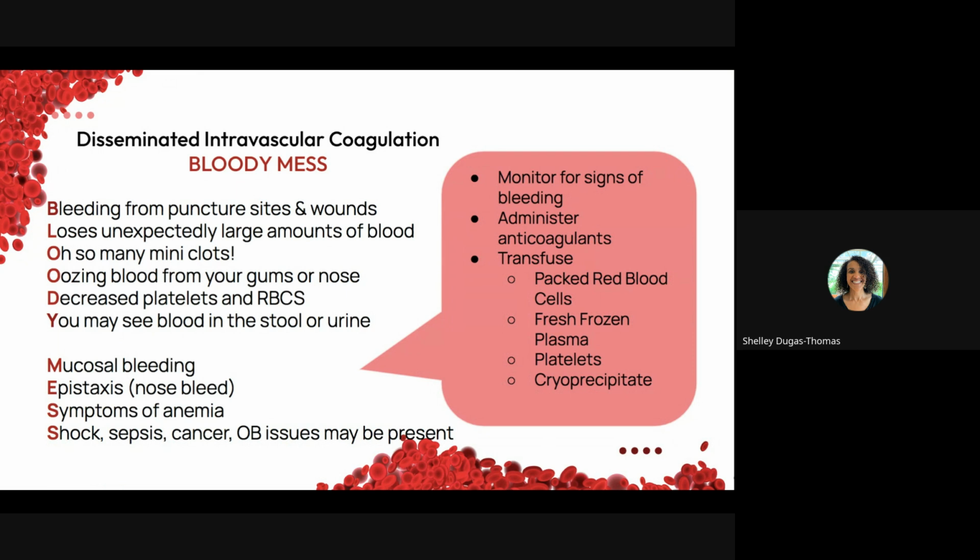When all of the body's stores of platelets and clotting factors are exhausted, spontaneous bleeding occurs from nearly every orifice because there are insufficient circulating platelets and clotting factors to stop the bleeding. The multiple emboli cause tissue necrosis, leading to multi system organ dysfunction.